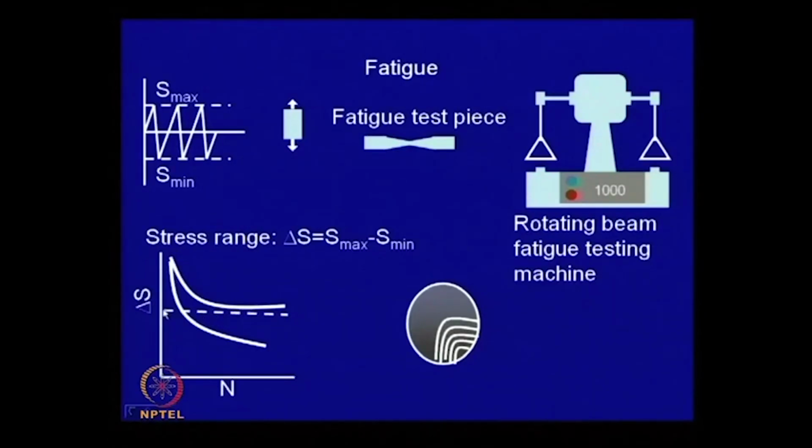So, it has a certain limit which is called the endurance limit. At a stress range below this, it has infinite fatigue life, whereas aluminum and copper will have a plot like this. They may not have a definite endurance limit.